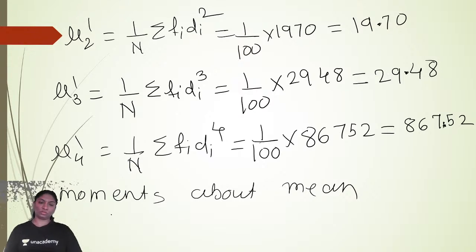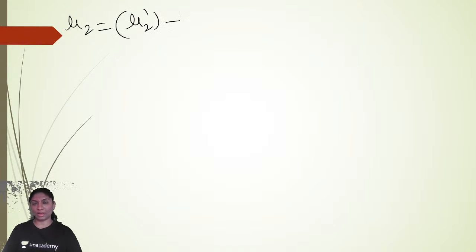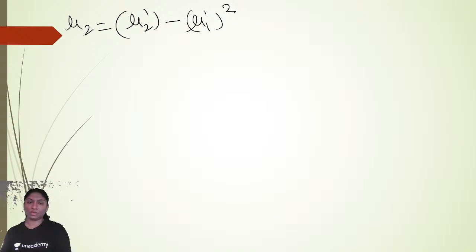So mu1 is equal to 0. Calculate mu2, which is equal to mu2 dash minus mu1 dash square. That you have to remember. Mu2 dash minus mu1 dash square.